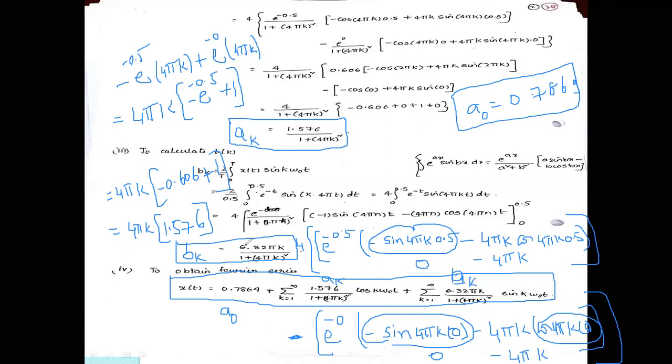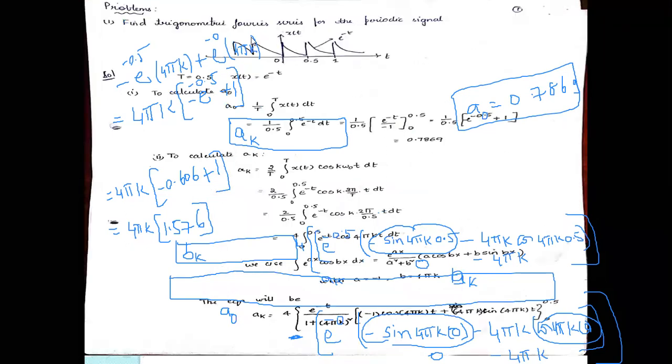What is b of k? We got 6.32 pi k by 1 plus 4 pi k whole square. After substituting a naught, a k and b k, we call it the trigonometric Fourier series for the given periodic exponentially decaying signal with a period of 0 to 0.5. Understood, my dear students? You can practice.